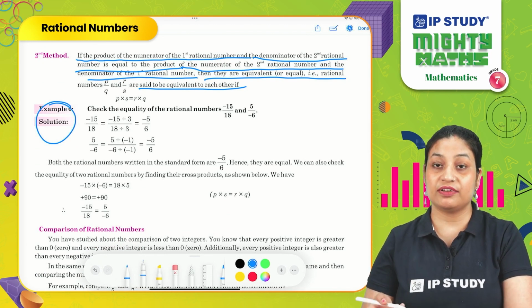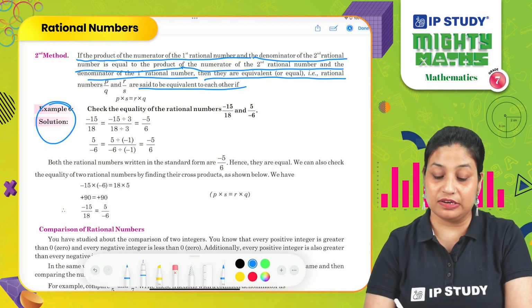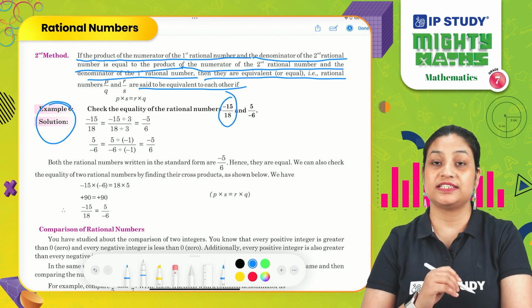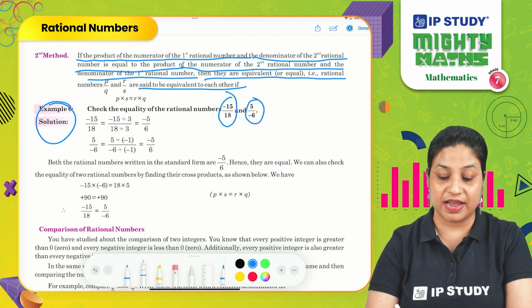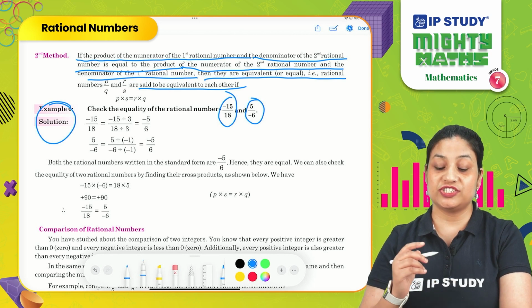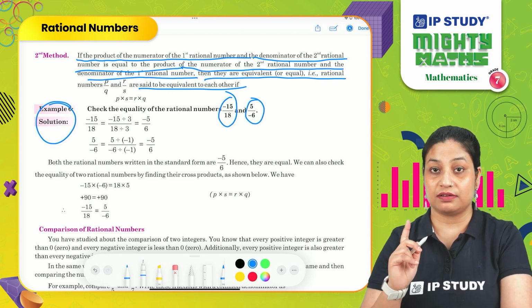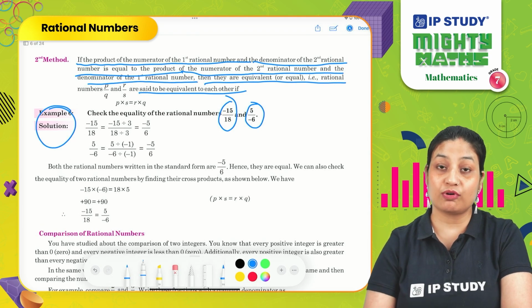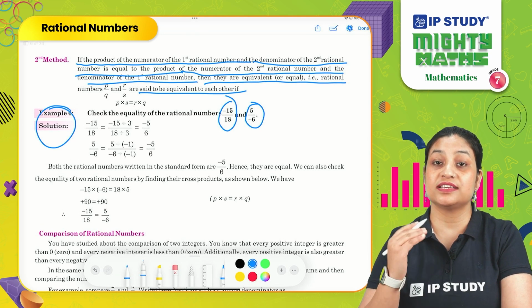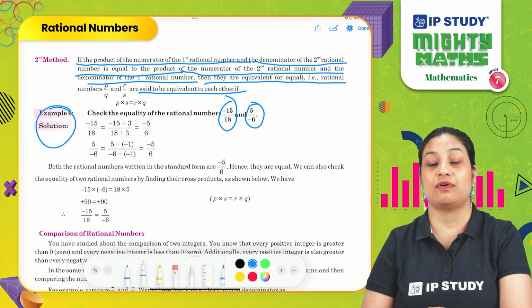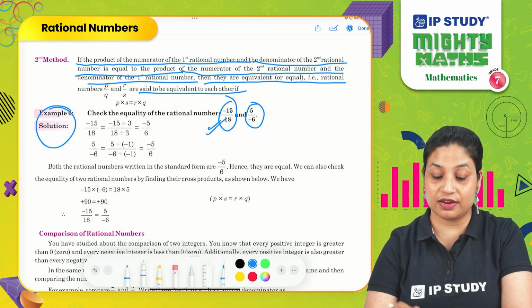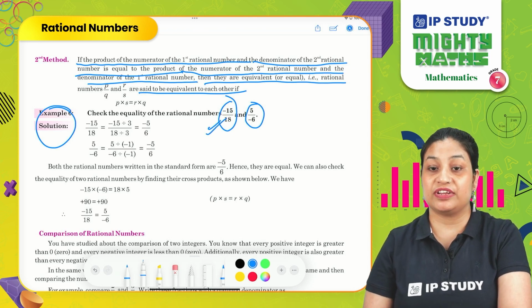So let's try with the first one. We are given minus 15 by 18 and 5 by minus 6. So let's check if they are equivalent or not with the help of the first method. According to the first method, we have to find the simplest form or the reduced form. So let's check the reduced form of minus 15 by 18.